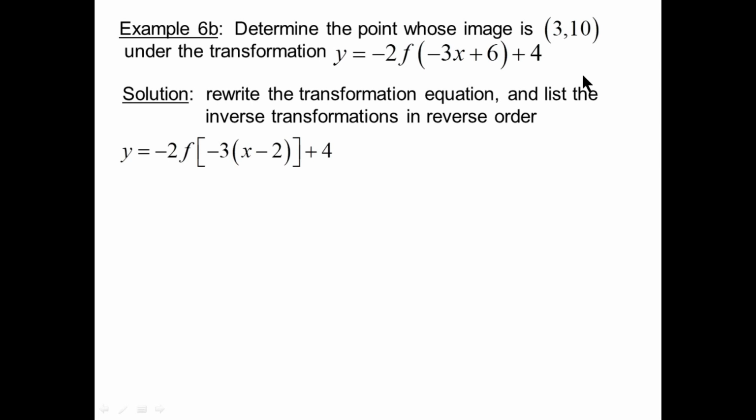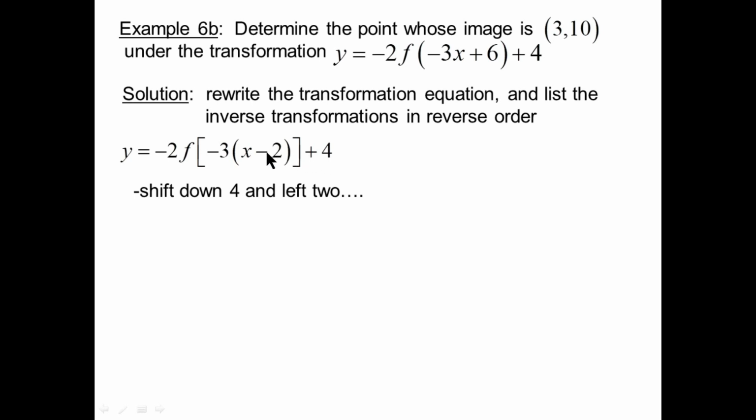And now what we'll do is undo all of these from the right to the left. Undo an upshift by 4 means shift down by 4, and then undoing shifting right by 2 means shift left by 2. So shift down 4 and left 2.